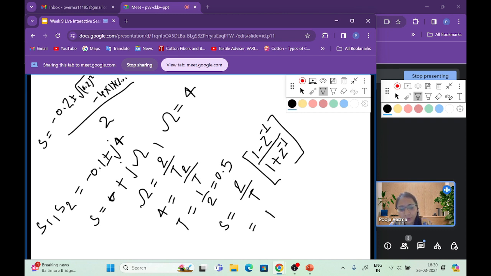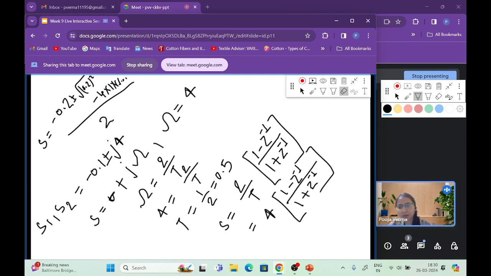Now what will be the value of s? It is 4 times (1 minus z inverse) divided by (1 plus z inverse). Now we need to put that s value in the transfer function equation. So I have to erase it from here, then solve it again. Okay, so I hope all of you have noted down.